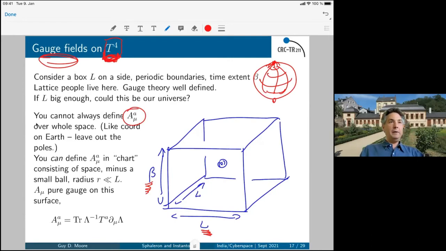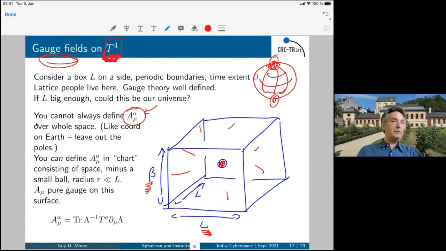So similarly, when I want to describe A mu, that's actually a coordinate system on the connection. And it might be singular somewhere. But if I cut out a point or a small region around one point, then I can actually guarantee that the geometry is then trivial enough that, just like cutting out the North and South poles, I can now define this gauge potential everywhere in the remaining space away from this point.